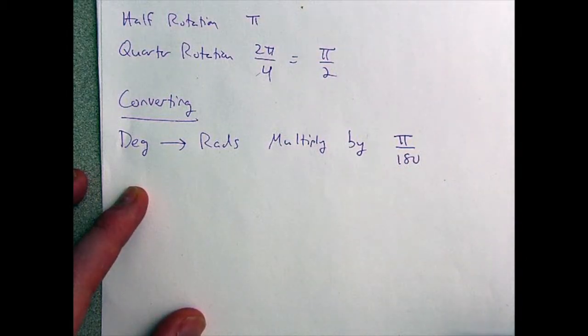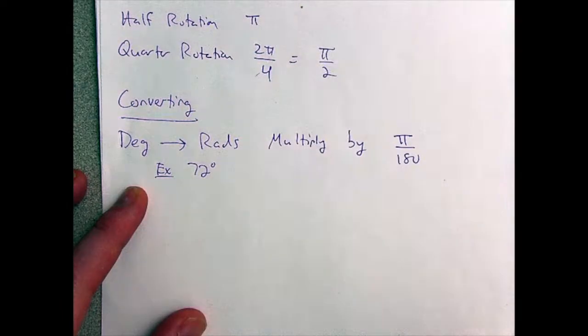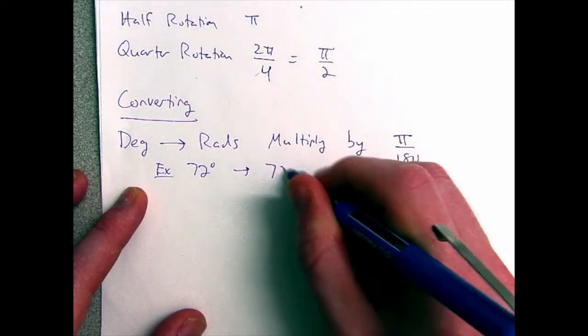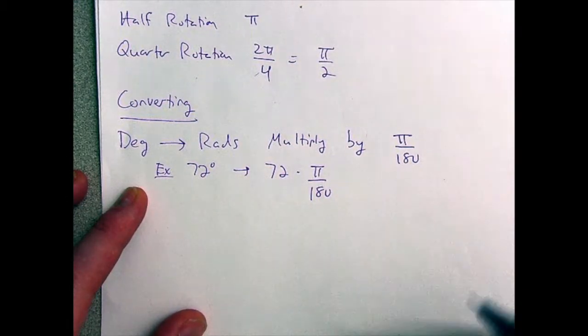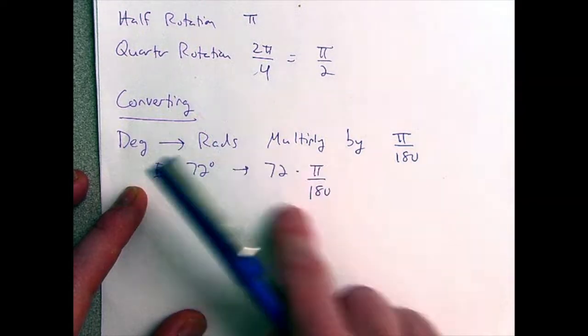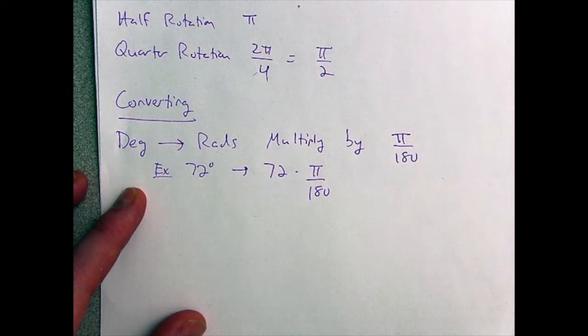So for example, if you have 72 degrees, and you ask yourself, what is that in radians? All you have to do is take 72 and multiply that by pi over 180. Typically, you have to do some simplification to clean this up. 72 and 180 have a common factor of, well, at least 2 anyway.